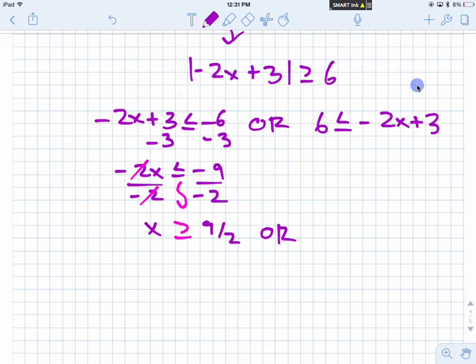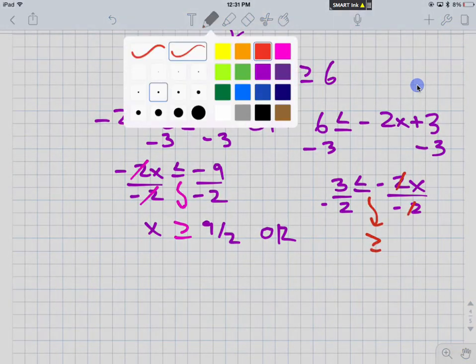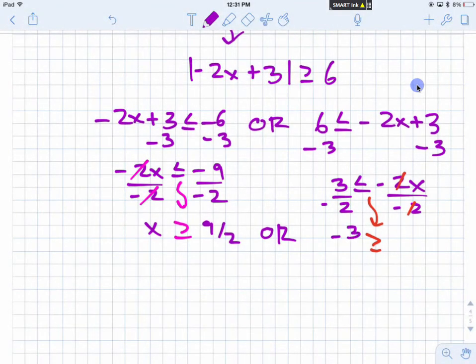Let's subtract 3 from both sides. 3 is less than or equal to negative 2x. And when we divide by negative 2 here, we must remember to switch the direction of that inequality. We end up with negative 3/2 is greater than or equal to x.